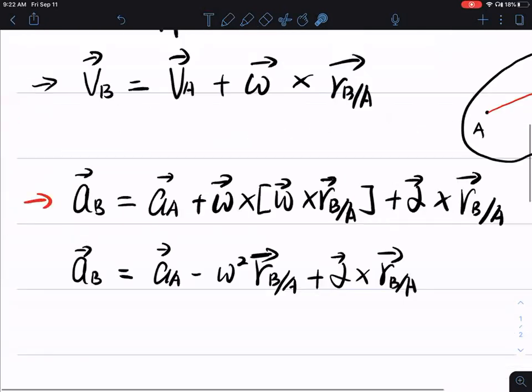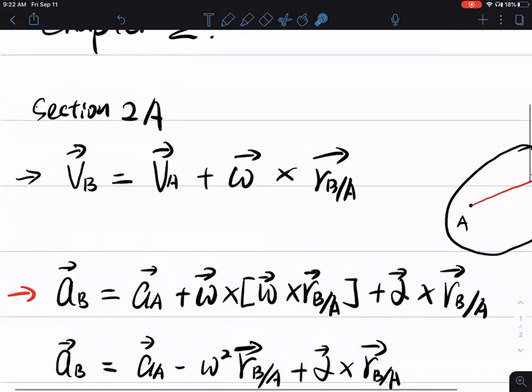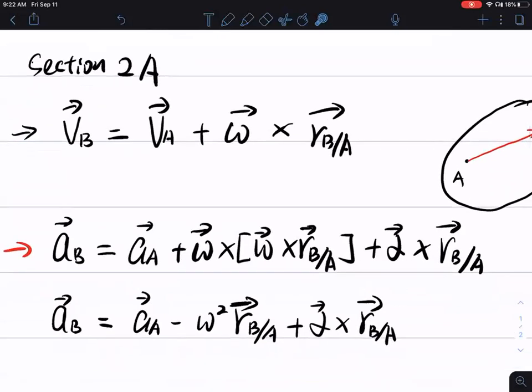Those are the new equations we want to use in section 2A. Now let's look at an example of how to use those equations.